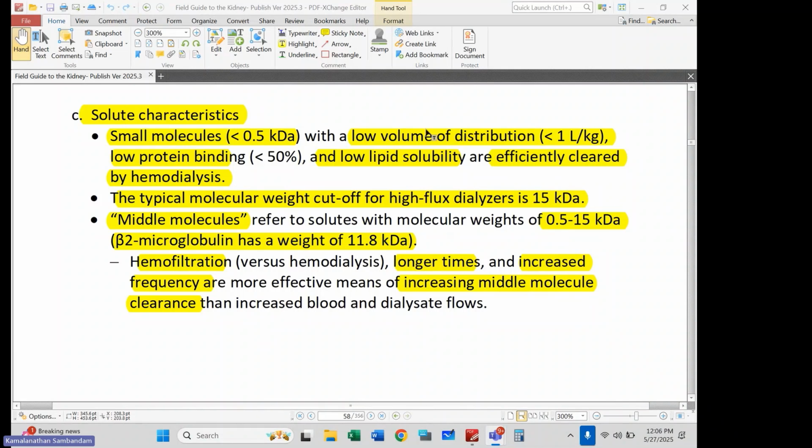We talked about other attributes of the solute, including the volume of distribution. Large volumes of distribution and high lipid solubility would make for a poorly cleared substance, as would high protein binding.